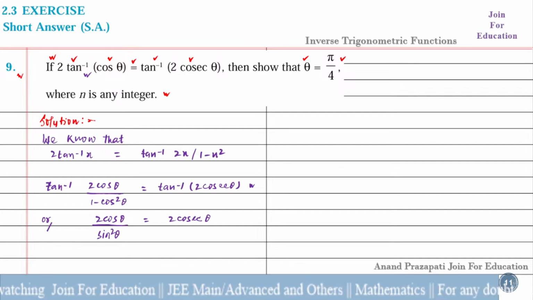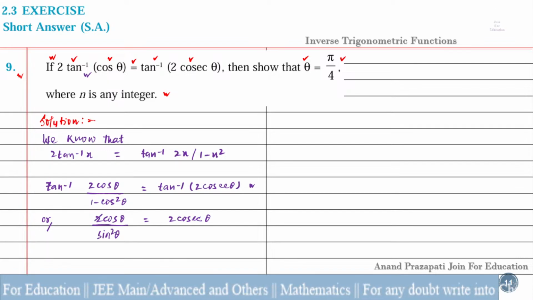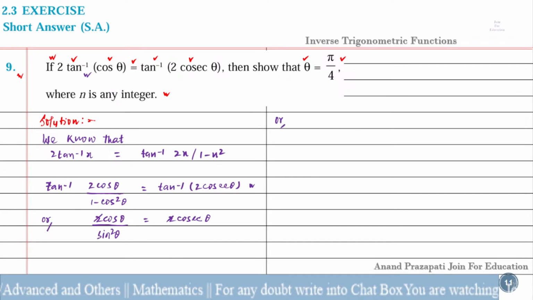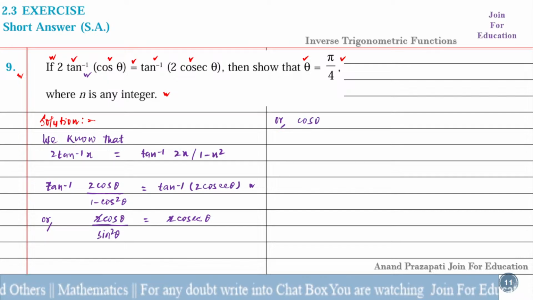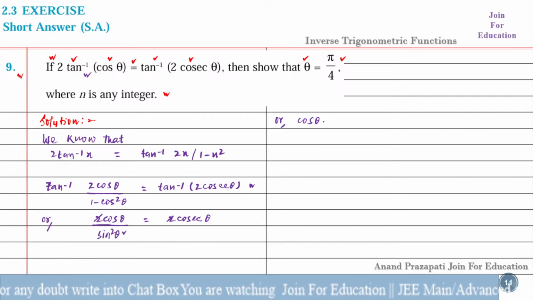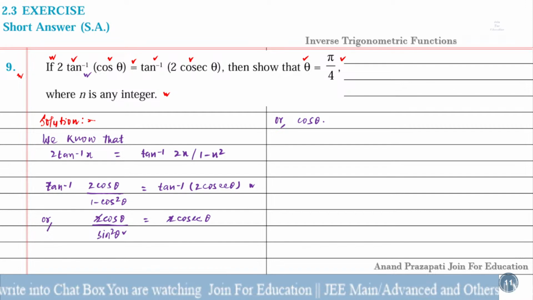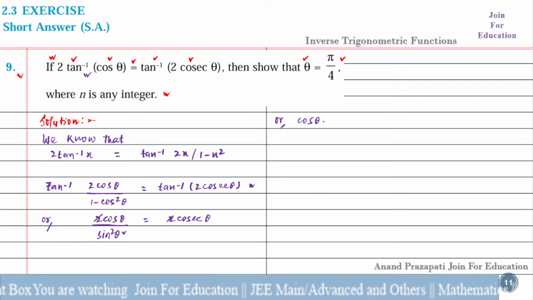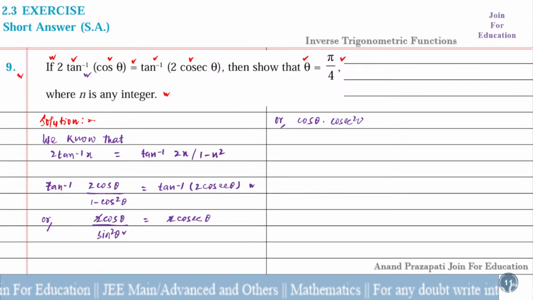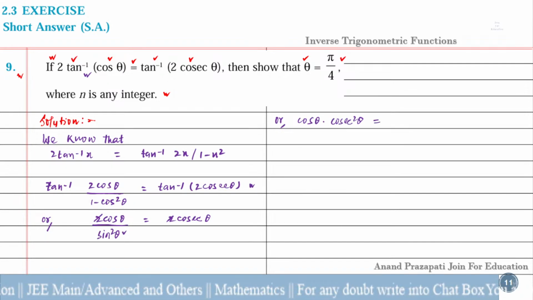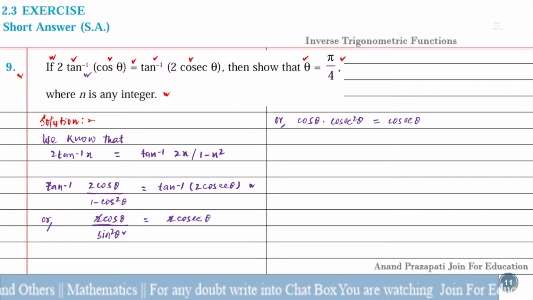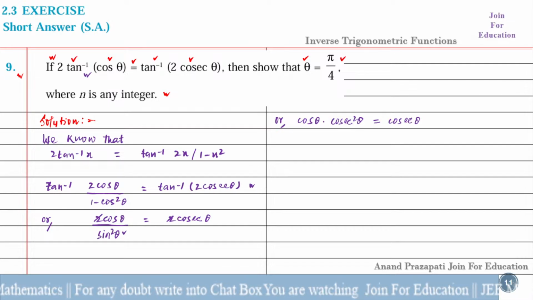After there is no problem to understand up to this step, so we cancel out 2 then the next step here will be cos theta into 1 by sin square theta equal to, we write down here, cosec square theta. So here will be cosec square theta equal to cosec theta. After there is no problem to understand up to this step.